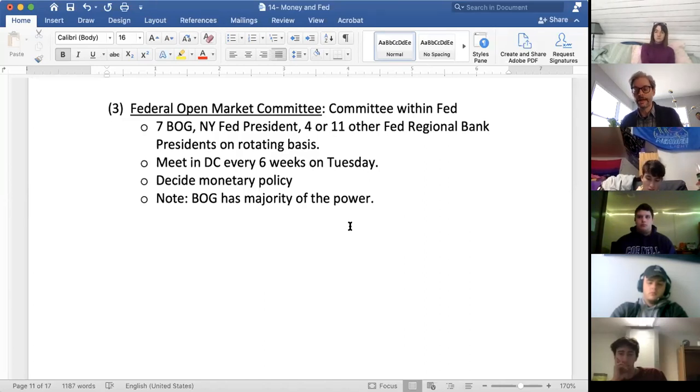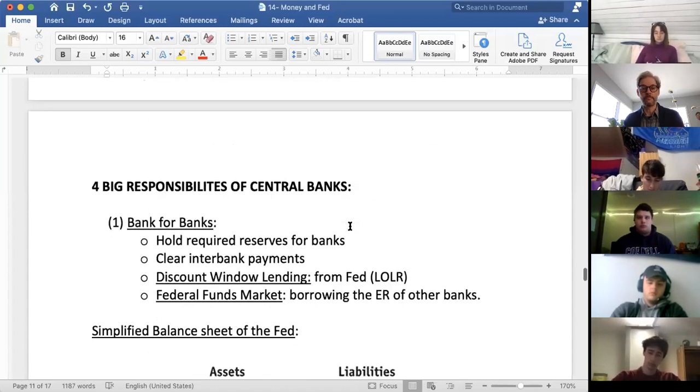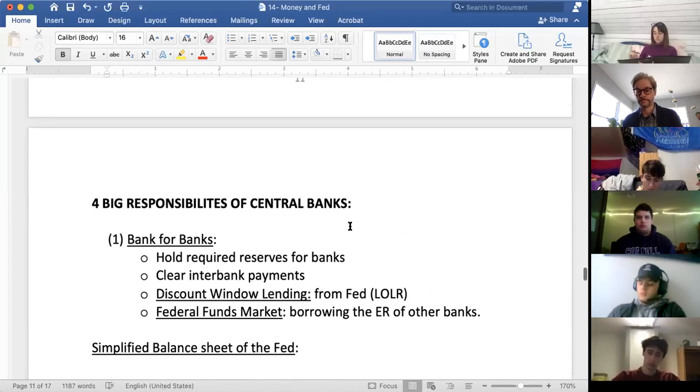And the reason why economies need a central bank is because there are very important functions that central banks fill that cannot be filled by any other institution within an economy. And so let's talk about what these important responsibilities are for central banks. The first one is that central banks are a bank for banks.